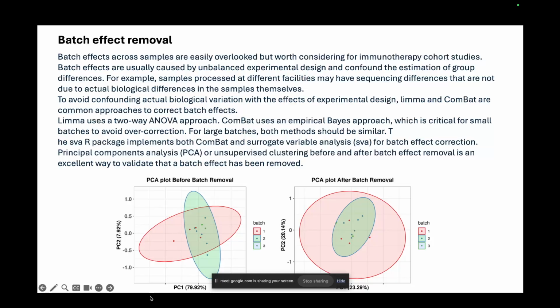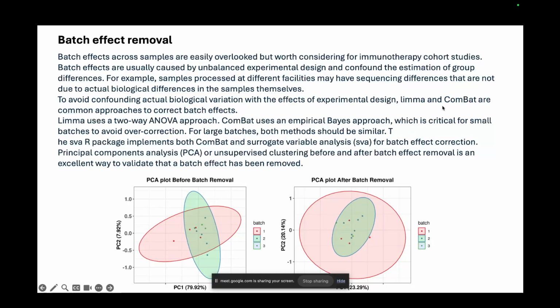So for the red ones, when you do a clustering, it clusters out separately compared to batch 2 and batch 3, not because of the variability in terms of the data itself, but because of the variability of the experimental design. So you use some methods to remove the effects of this experimental design.